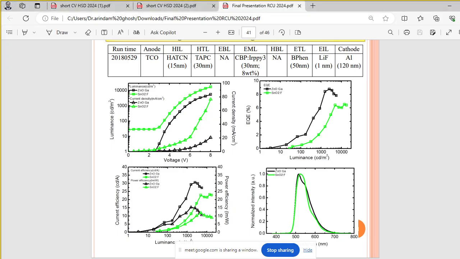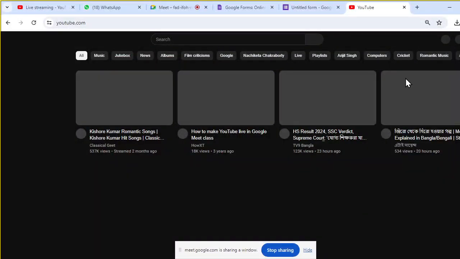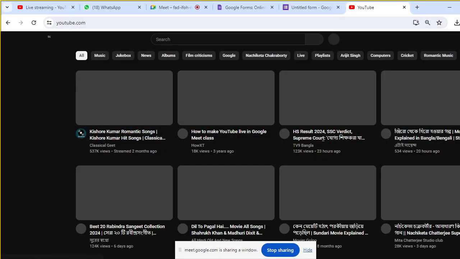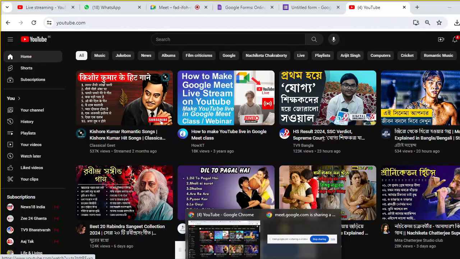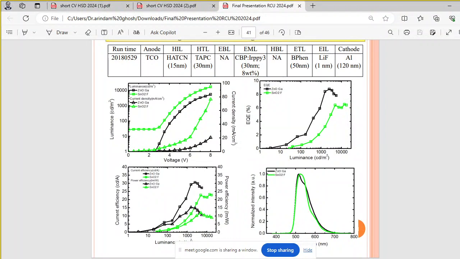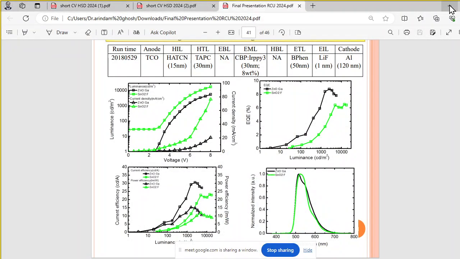In the case of maximum current efficiency, for fluorine doped tin oxide it is 23.16 cd per ampere, and for gallium doped it's 11.91 per watt. The poor efficiency in fluorine doped tin oxide stems from the unbalanced charge inside the OLED. That is the factor reducing its performance.